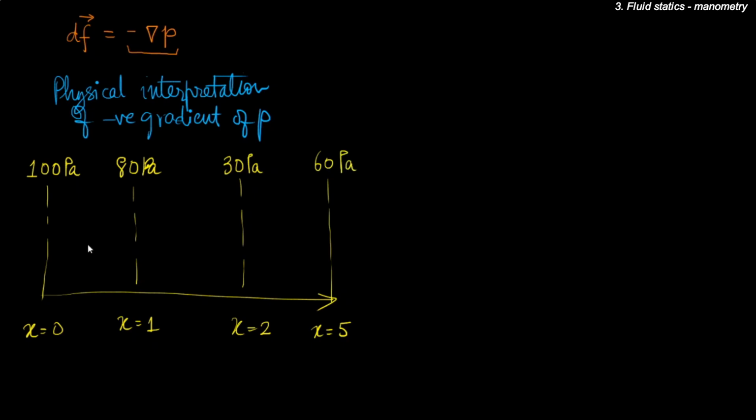Now let us consider the first cell, that is the region between x equal to 0 and x equal to 1. Because it's a one-dimensional problem, this particular expression minus gradient of P will simply become minus dP dx in the i direction.